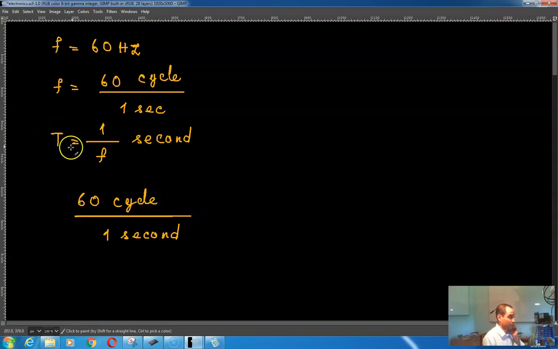Now when you want to calculate the period, you want to know, for one cycle, what is the time that it takes for one cycle to complete. That is equal to x, for example, right?